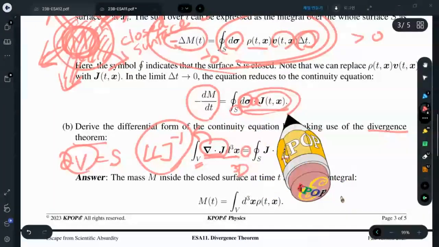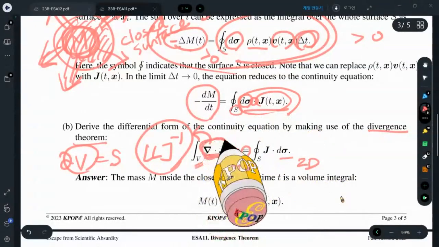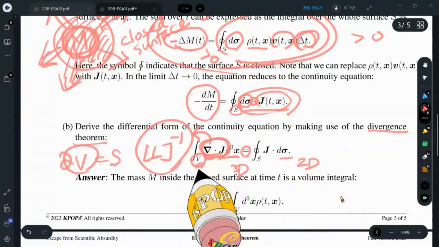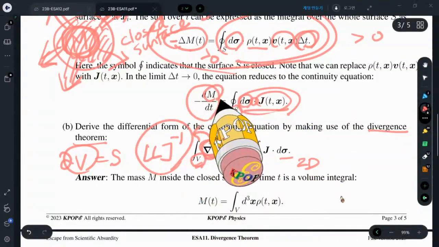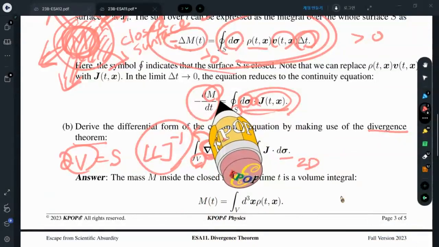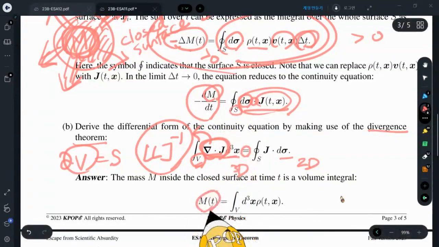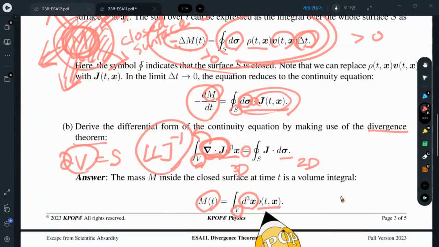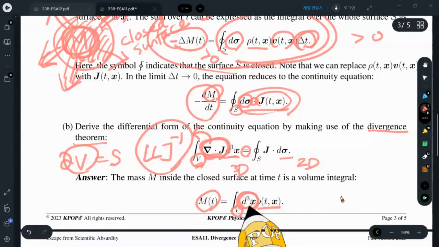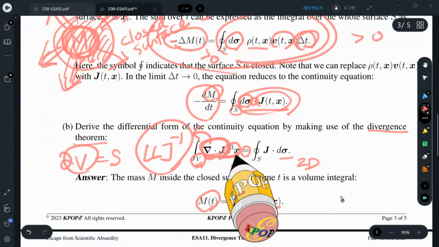Then this one can be replaced with divergence J's volume integral. In addition, mass is the density integrated over the volume. Therefore, mass is the density multiplied by tiny volume integrated over V. All right, this is a volume integral, this is a volume integral.